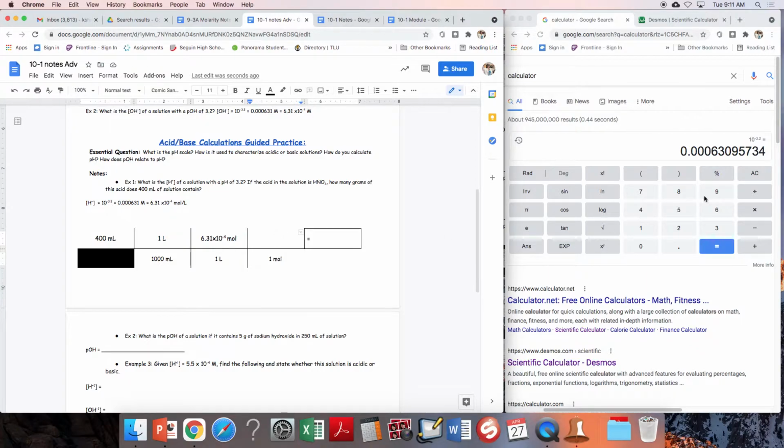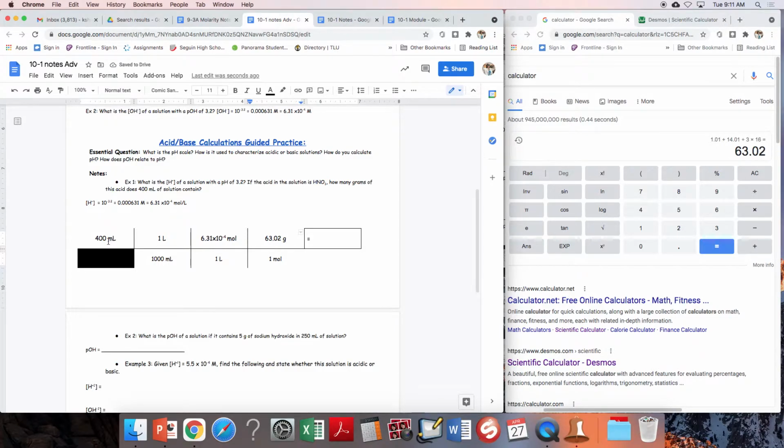And so if I look at the periodic table, I know that H has a mass of 1.01 plus N has a mass of 14.01 plus 3 O's, so that's 3 times 16 for a molar mass of 63.02 grams.